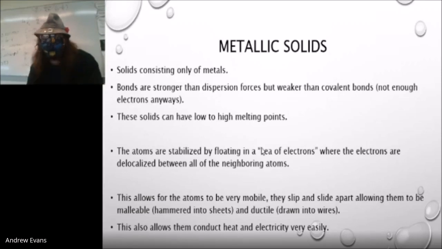So these guys get stabilized by what's called a sea of electrons. We have these d electrons in most of the cases that are able to delocalize from the atom, and they kind of shift between the atoms, kind of like sharing among them all in order to stabilize them all in turn.